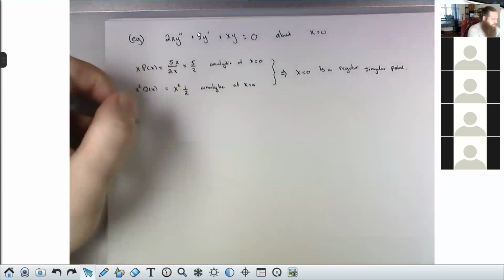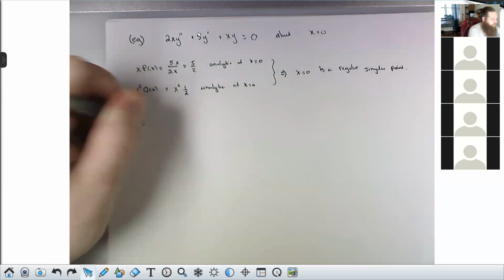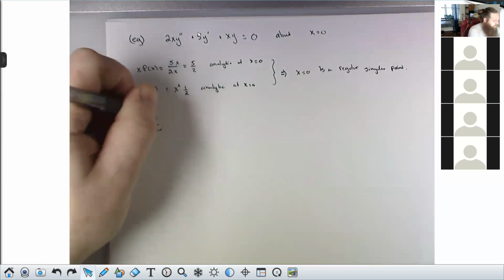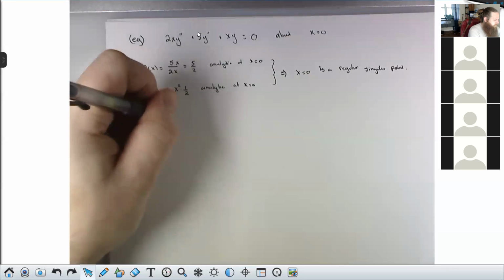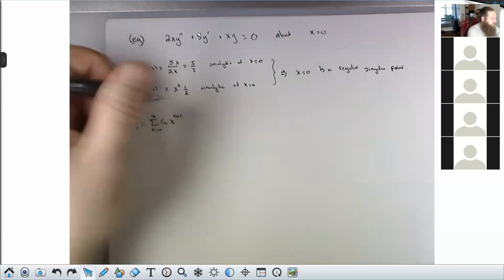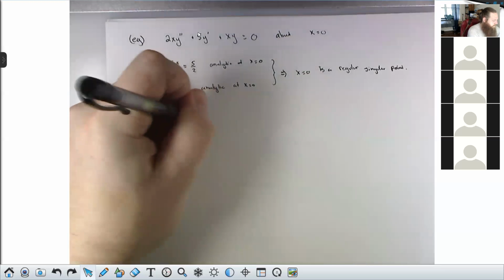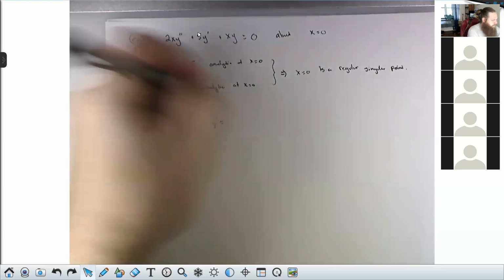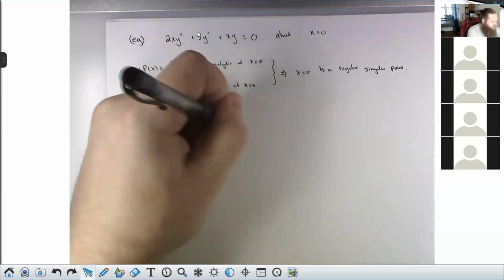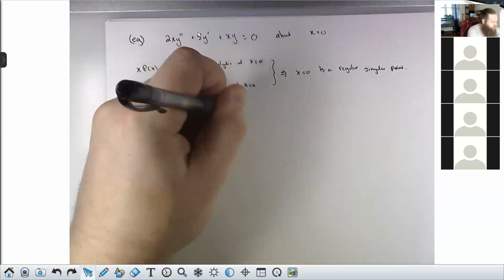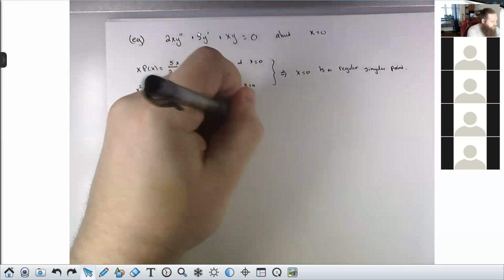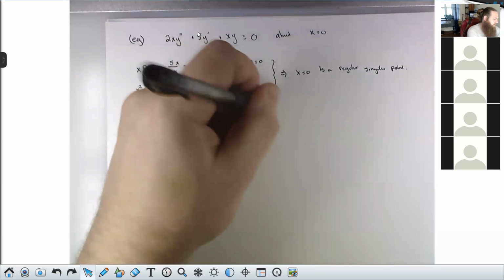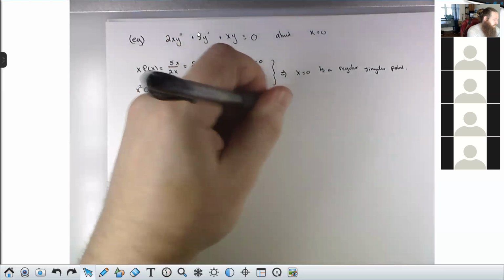So I am going to assume that y is of the form sigma n from 0 to infinity Cn x to the n plus r, which means y prime is going to be of the form sigma n from 0 to infinity n plus r Cn x to the n plus r minus 1.